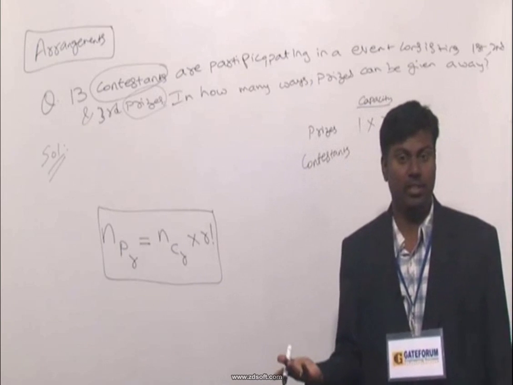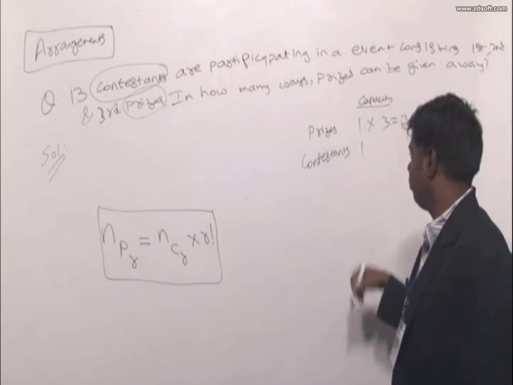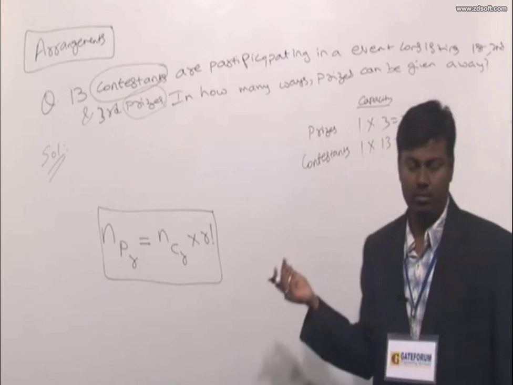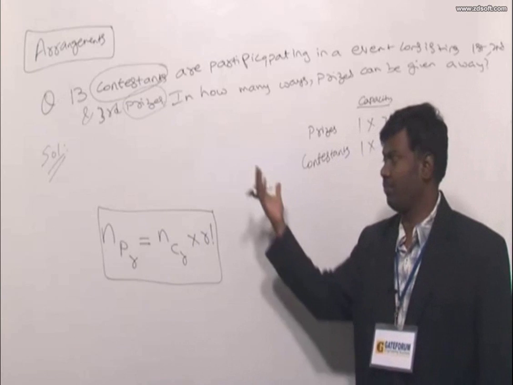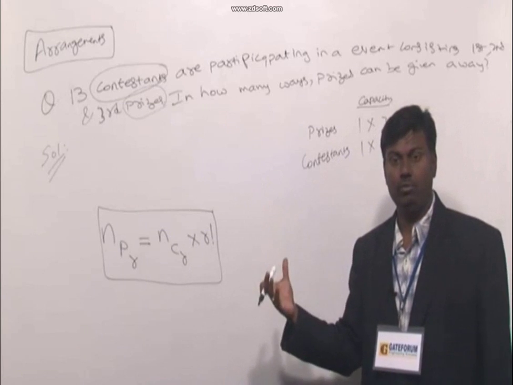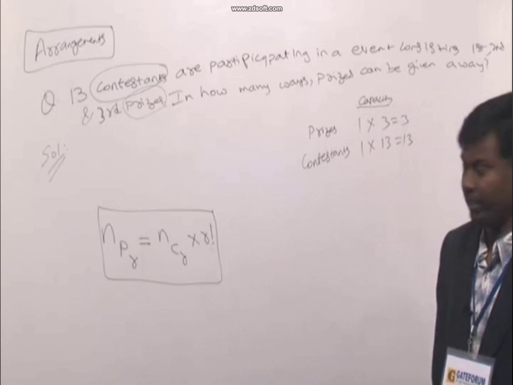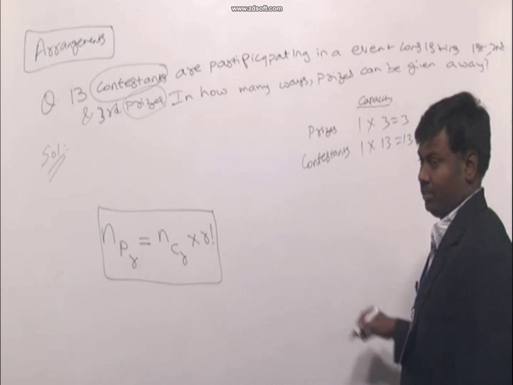He is not eligible for second prize if he is already receiving third prize. Right? So 1 into 13. This problem is easier because you are given straight away first, second, third. I'll also discuss some other problems wherein we have to go by this method and then the problem will become very, very easy.